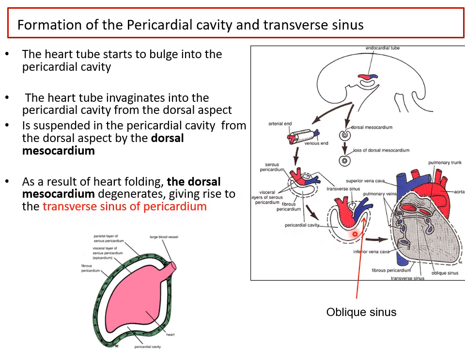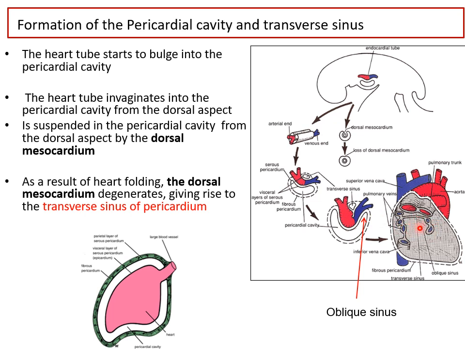And look at the oblique sinus of pericardium, which will develop where the visceral layer becomes continuous with the parietal layer of serous pericardium, which in the adult heart lies behind the left atrium between the four pulmonary veins.